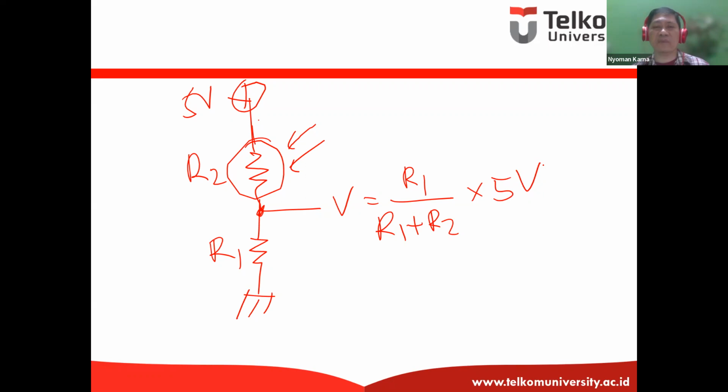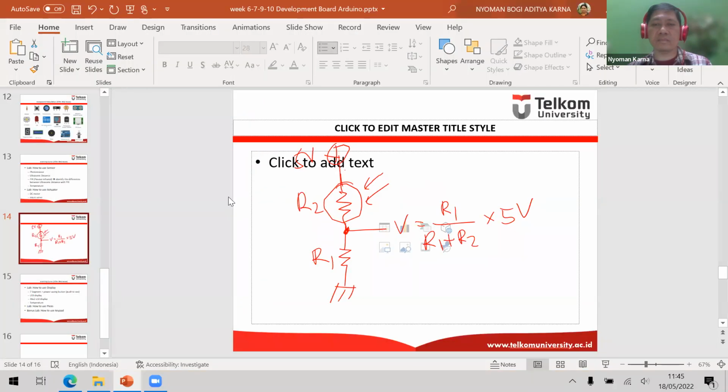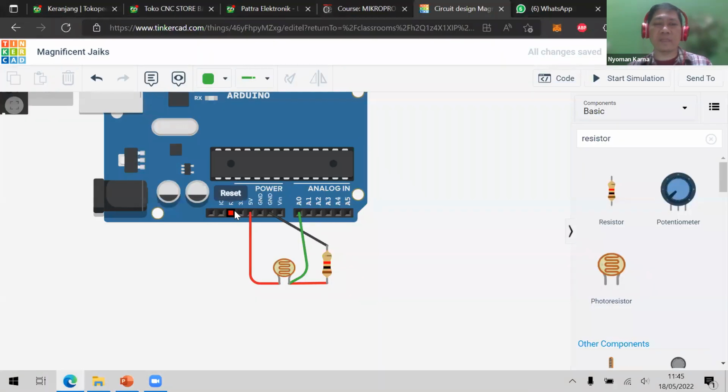So that will be the value of voltage in this node. And we're going to measure how much is the volt in that point. Okay. Now, so we have this one is R1, this is R2. And then we're going to measure what is the voltage in this node.